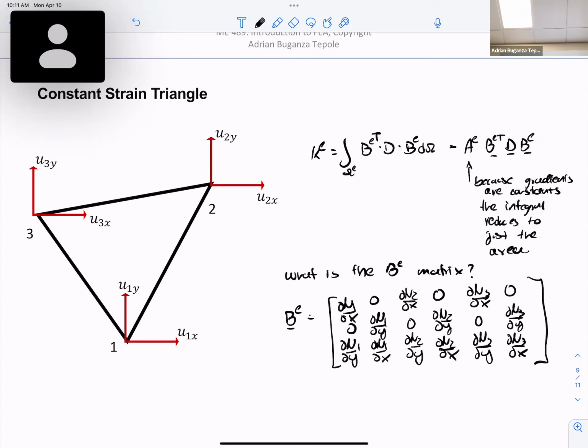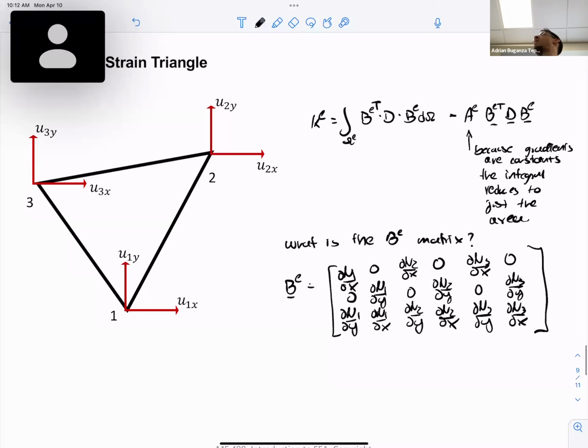That's what the B matrix looks like. Again, it's just different derivatives of the shape functions with respect to either x or y.